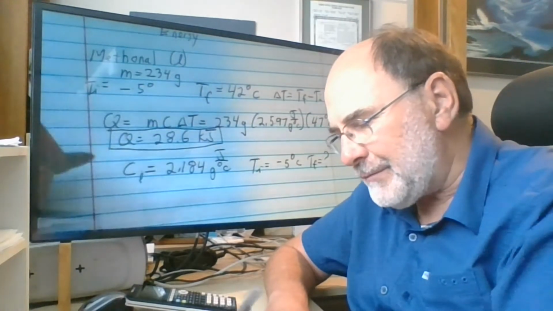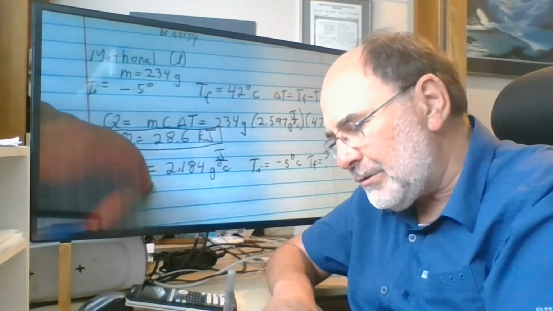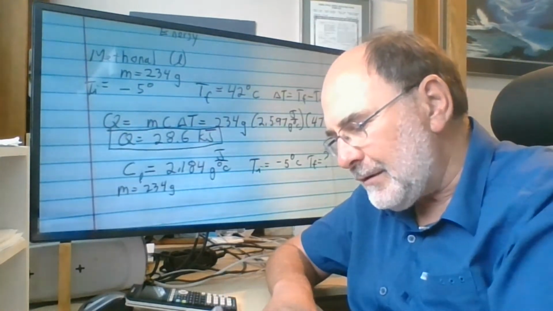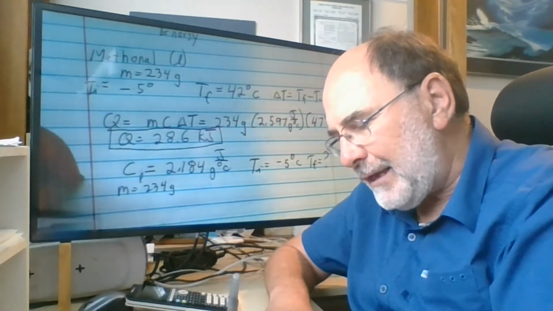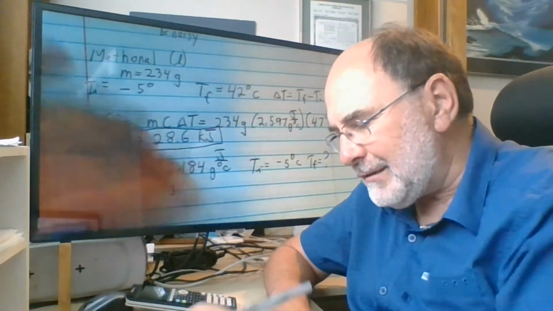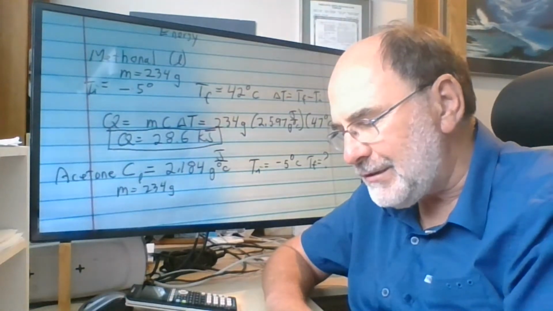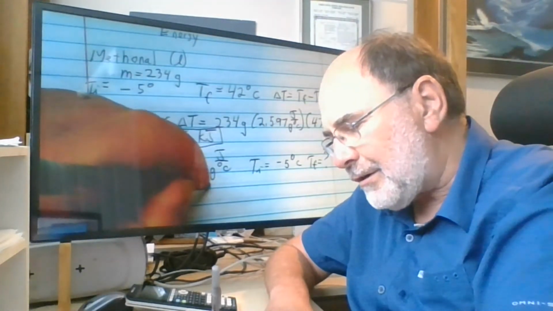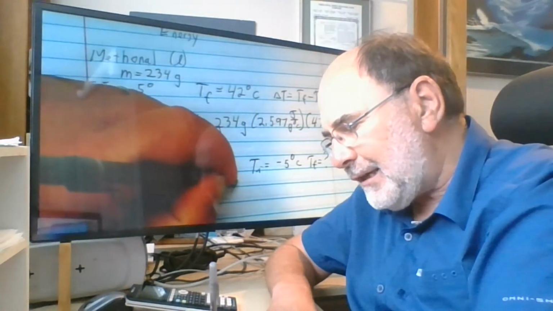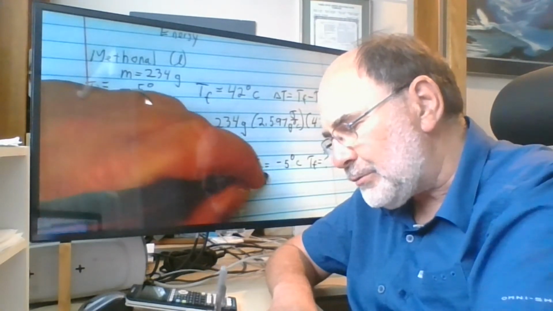Everything else is given. The mass is 234 grams. The substance is acetone. Specific heat, liquid state, initial temperature, -5 degrees, and Q is already given. It's 28.6 kilojoules.